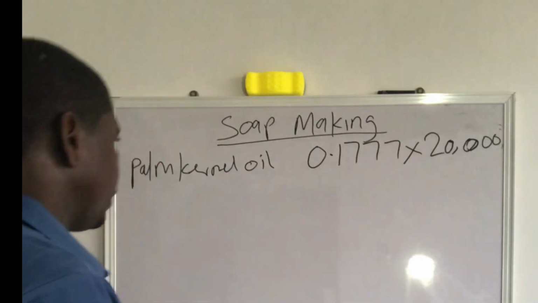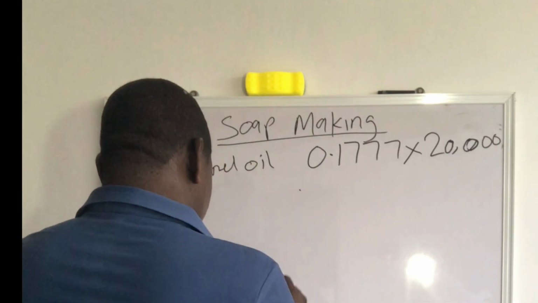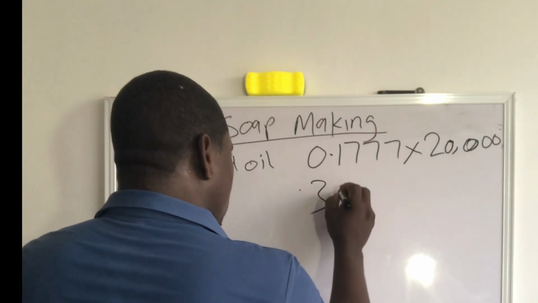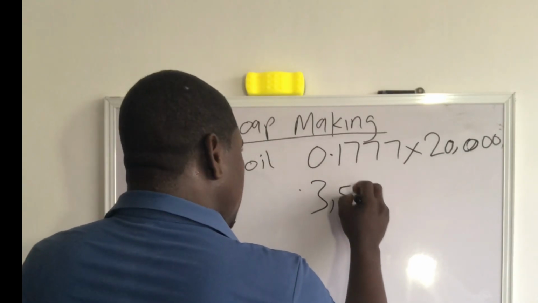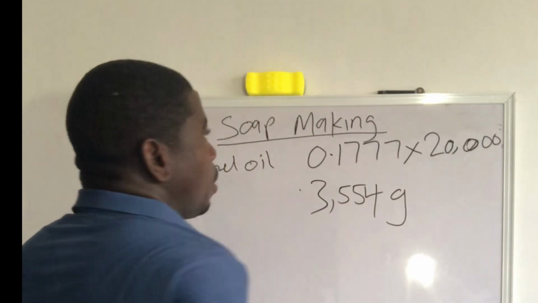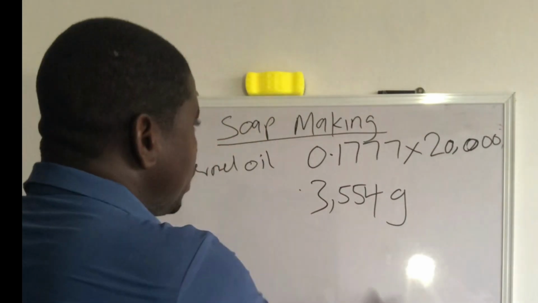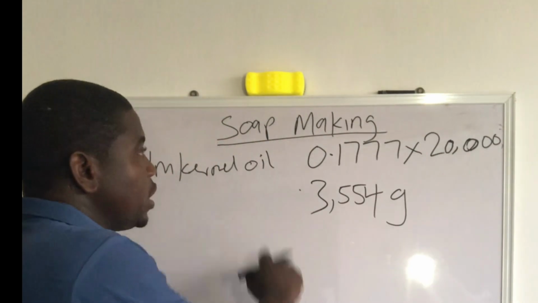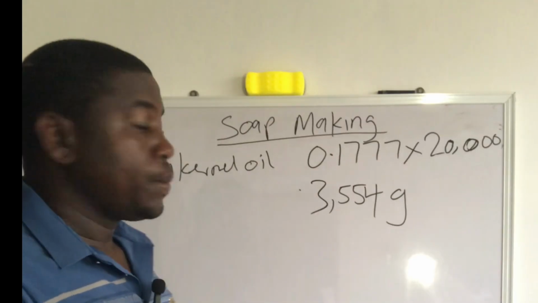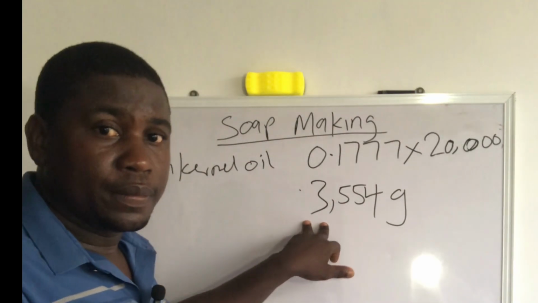We have 3,554 grams of caustic soda. So this is the amount of caustic soda we'll be needing for 20,000 grams of palm kernel oil in soap making.